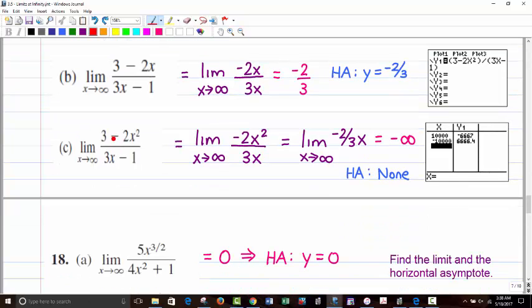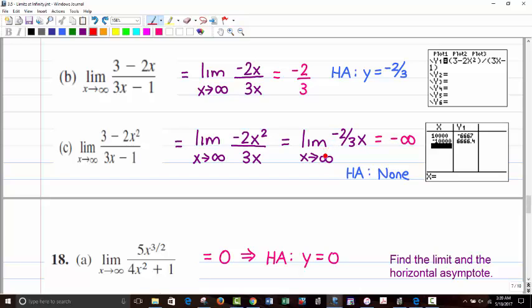Now, we have a negative 2x squared over a 3x. So now we have a larger power on top than the bottom. This is where we have to decide which infinity will be our answer. Negative 2x squared over 3x reduces: x squared over x reduces to x. We have negative 2/3.